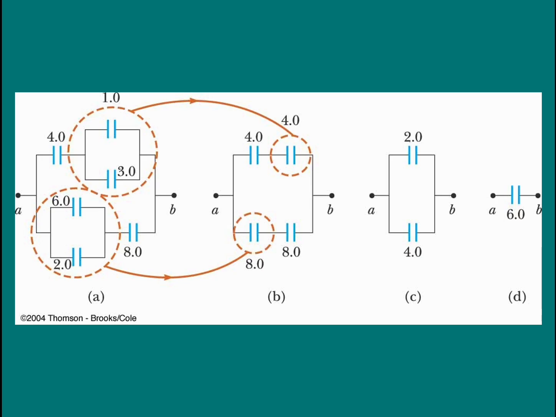So from graph A, we have 6 capacitors connected in a network. After calculating the equivalent capacitance, we find the capacitance between points A and B equals 6 Farad.